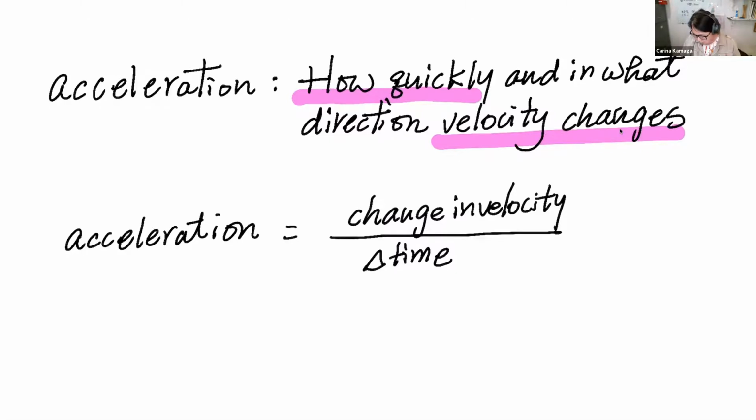And the unit of velocity, do you remember? What's the unit of velocity? It's meter per second. And for time, we use second. So therefore, the unit of acceleration is meter per second squared.